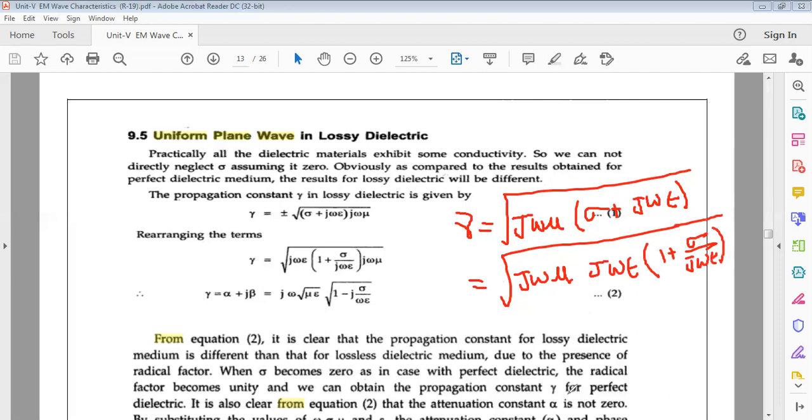Since j omega epsilon is common, we get 1, and the other term is sigma by j omega epsilon. Writing j omega into j omega as j omega whole square, we write outside j omega under root of mu epsilon, and another under root of 1 plus sigma by j omega epsilon.